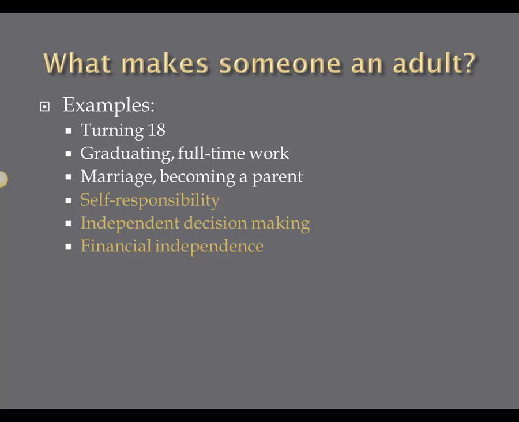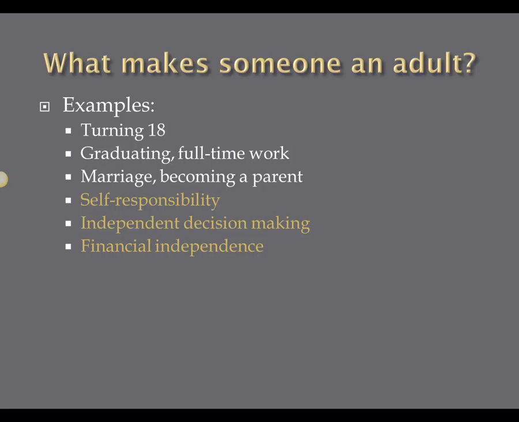Now, while these are sort of social constructs, we have some more internal constructs that are really what the research now refers to as the hallmarks of being an adult, which are self-responsibility, independent decision-making, and financial independence.